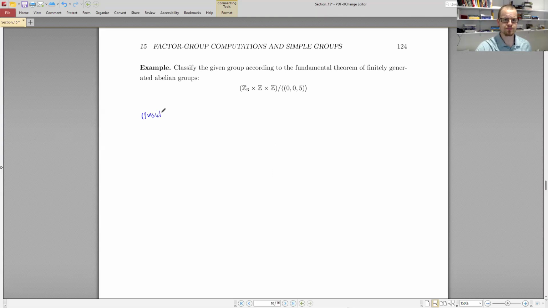So consider phi, a homomorphism from Z3 direct product with Z direct product with Z, and map that to Z3. I want that to stay the same. Direct product with Z, have that stay the same. Direct product with Z5.